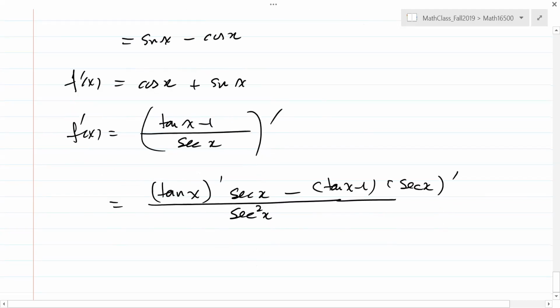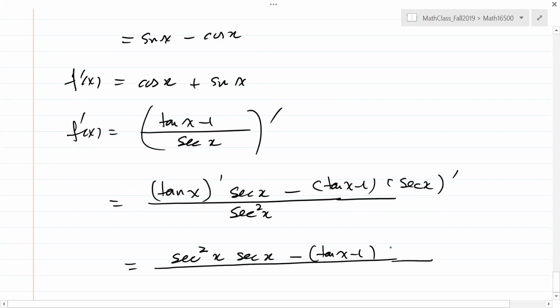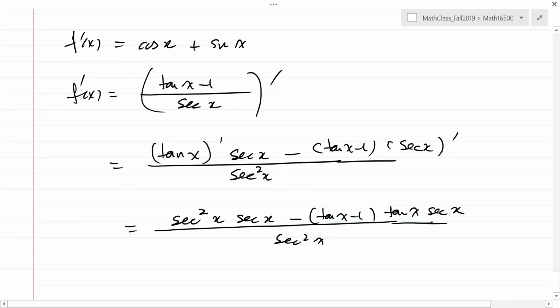And then you will see, oh, it is not easy. This is secant squared x times secant x, minus tangent x minus 1, and that will be tangent x times secant x. What? You see, this is so complicated.